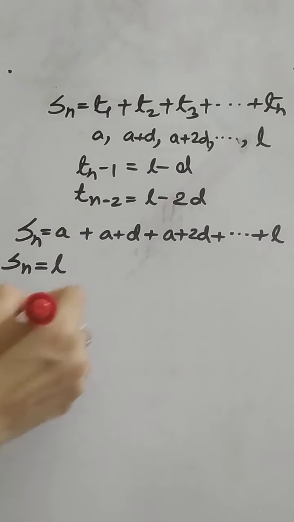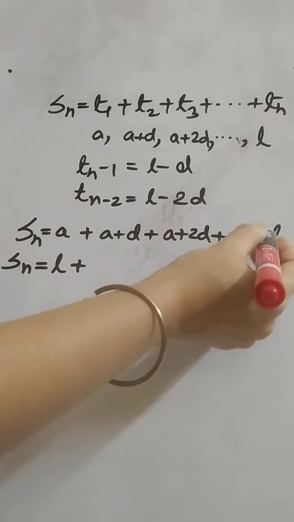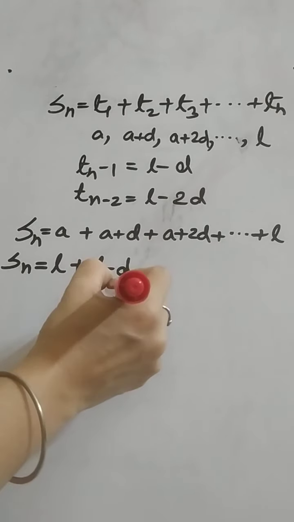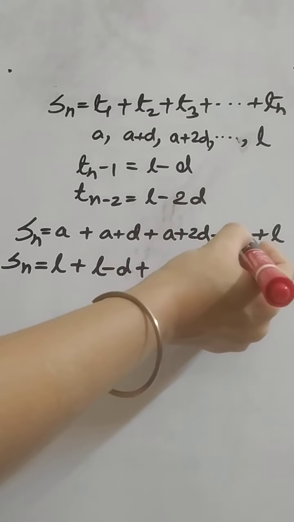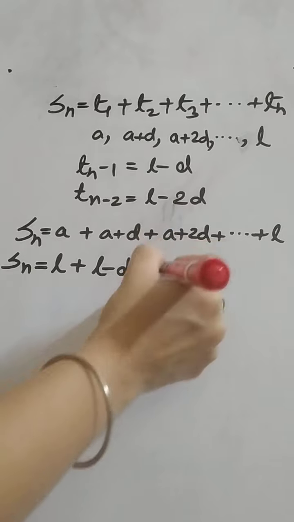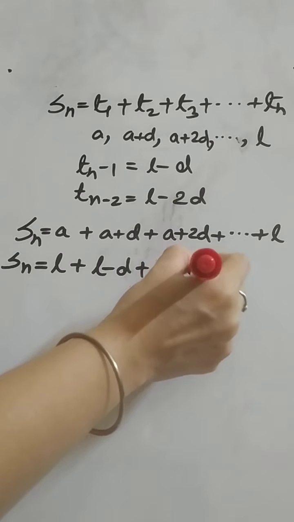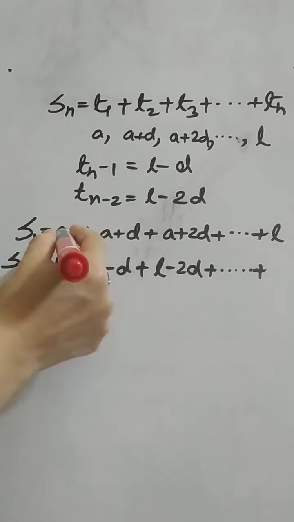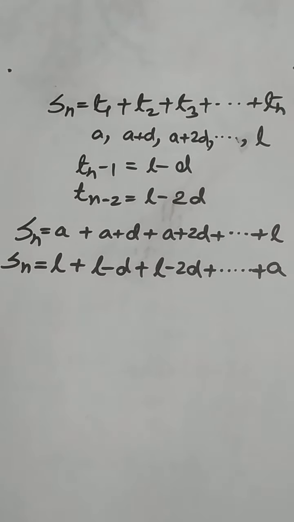So it will be L plus, the second term from the last, L minus D, plus the third term from the end, L minus 2D, plus so on, and the last term will be A.